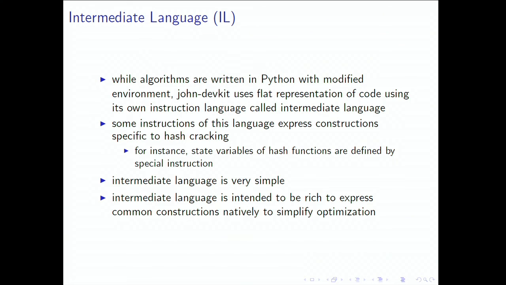The instructions are very simple, with just a few arguments and one result. So the intermediate language has instructions for algorithmic hashing, like one which describes the variable state of the function, which is used in some filters.